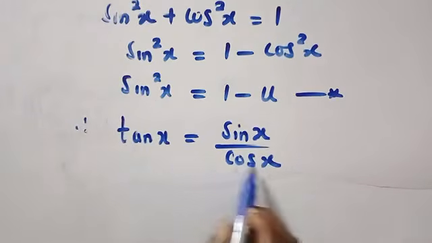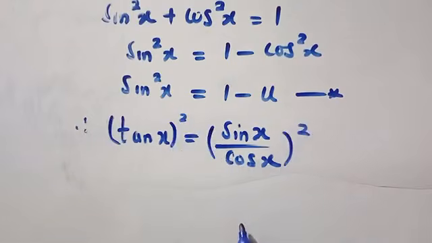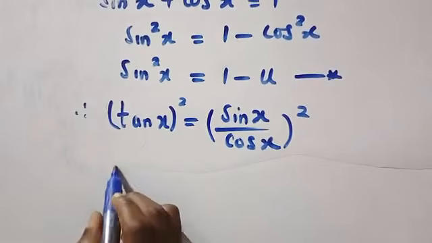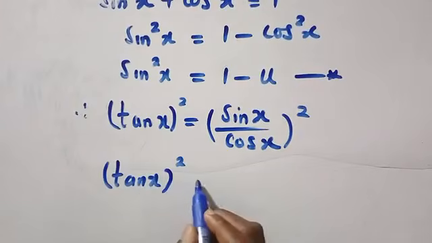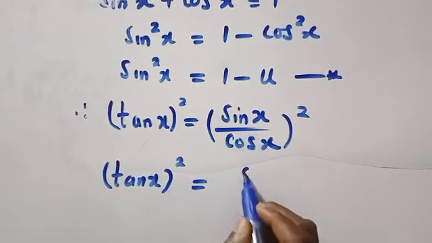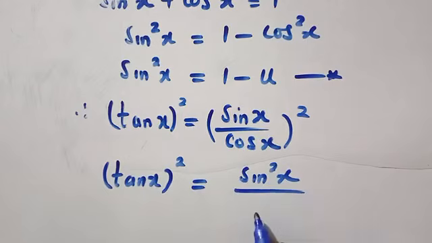Suppose I raise both sides to the power of 2, we are going to have tan squared x equals sine squared x divided by cos squared x.